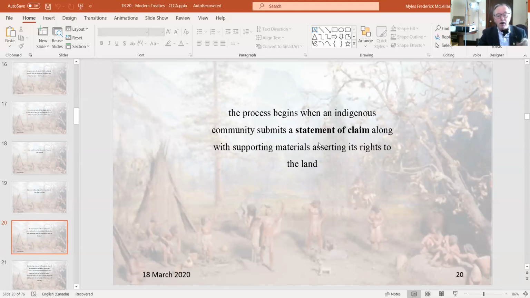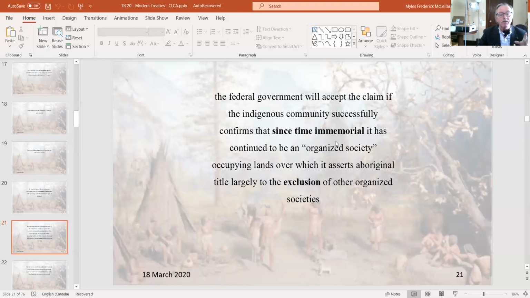Statements of claim aren't the same as statements of claim in civil actions in the superior courts. They're just called statements of claim, which are a claim to the federal government to commence the process of creating a modern treaty. So the statement of claim, along with all of its supporting materials, assert rights to the land that is to become the modern treaty itself.